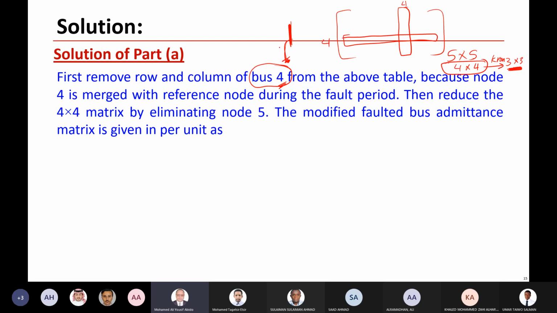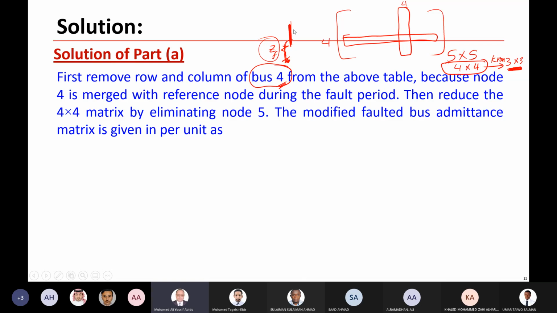If the fault is with an impedance, this is not valid. So if you have fault impedance, you have to incorporate the fault impedance in Y44, and then you can reduce later on. In this case, the Y bus matrix will still be 5 by 5 under the fault.